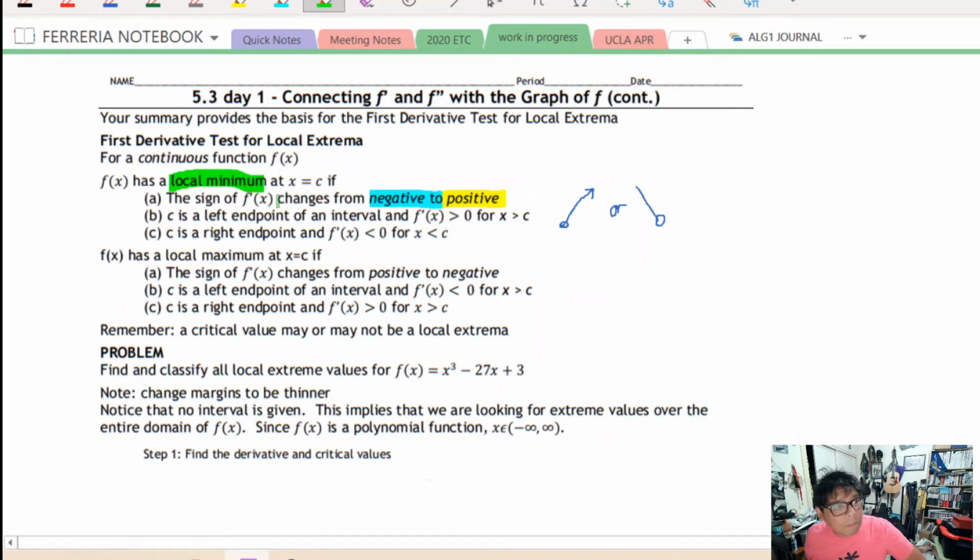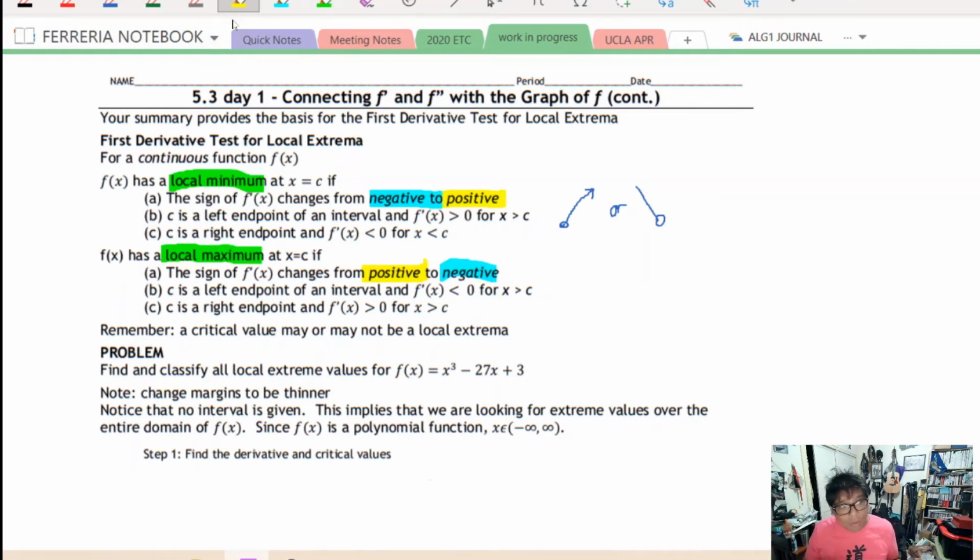Now for a local maximum, there will be a local maximum at c if the derivative changes from positive to negative, or if we've got a left endpoint, that means that the derivative is negative immediately to the right of the left endpoint, like that.